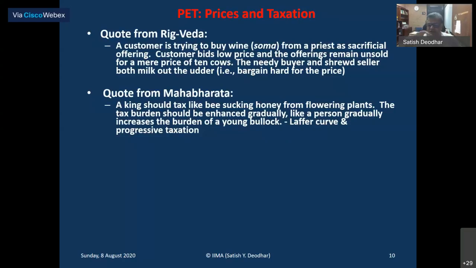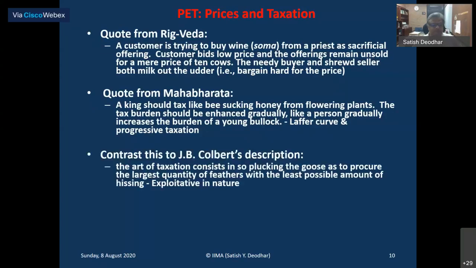And that's the idea of the Laffer curve also, or the idea of progressive taxation. You don't put too much burden on a young bullock immediately. Let him get into strength, and then we'll increase the load on that bullock. Let him get used to it. Similarly, the infant industry argument: you don't tax new firms too much. You give some preferential treatment so that firms establish themselves. So this idea is also coming through in the Mahabharata.